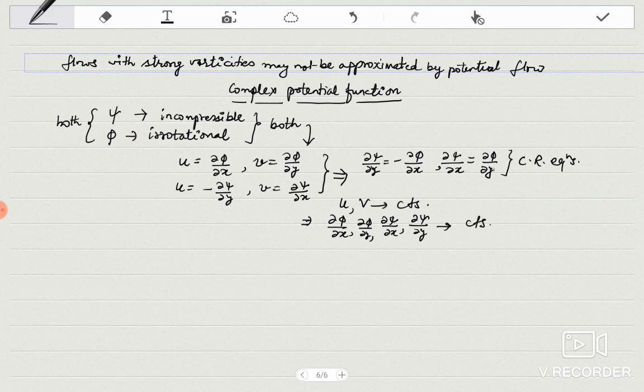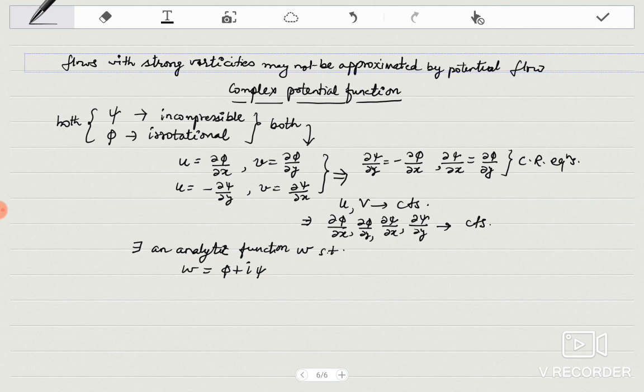So if these are continuous and the Cauchy-Riemann equations are satisfied, this simply means that there exists an analytic function, which you have read in complex analysis. Say I denote this function by W, such that W = φ + iψ.